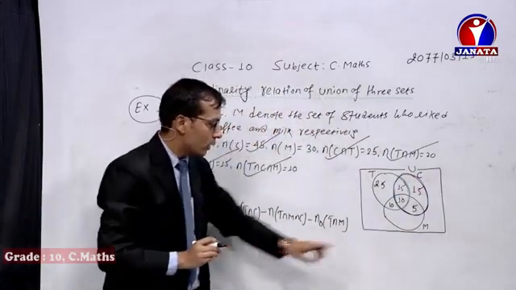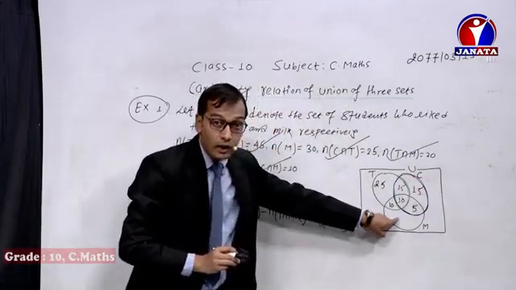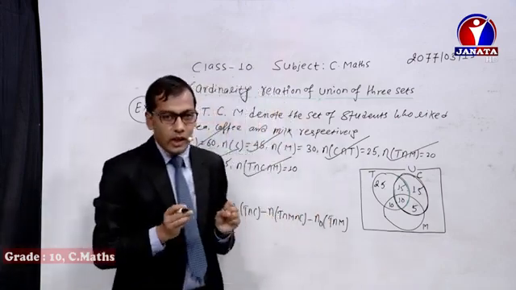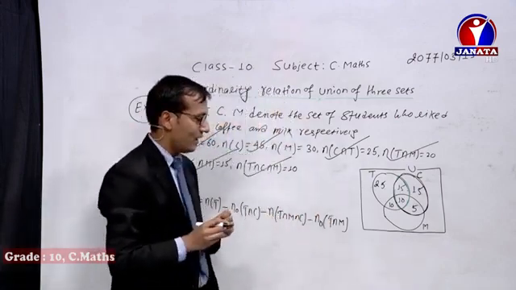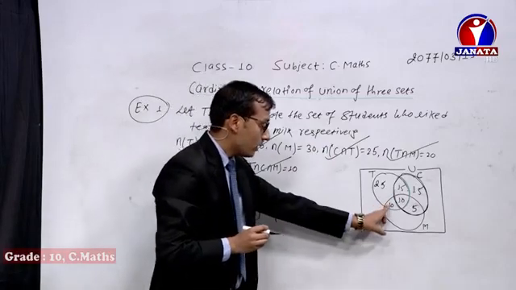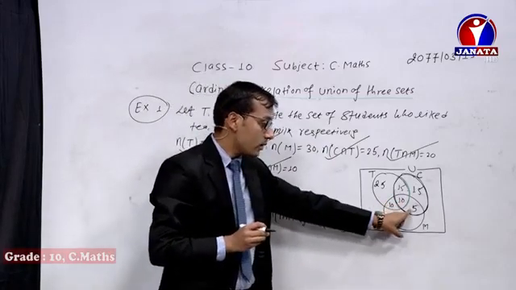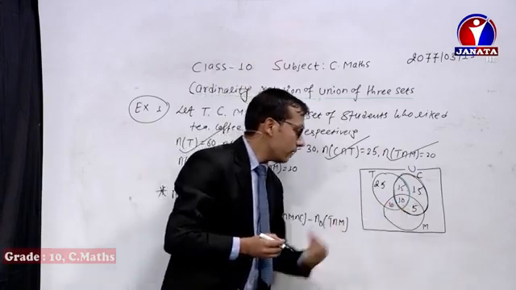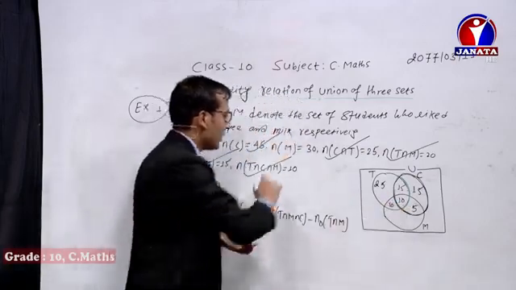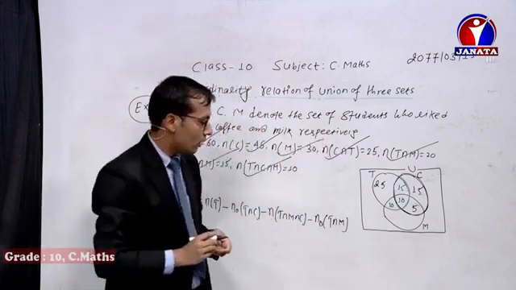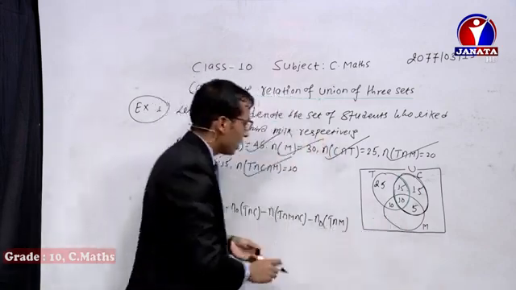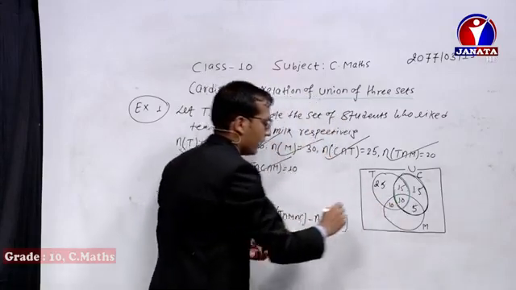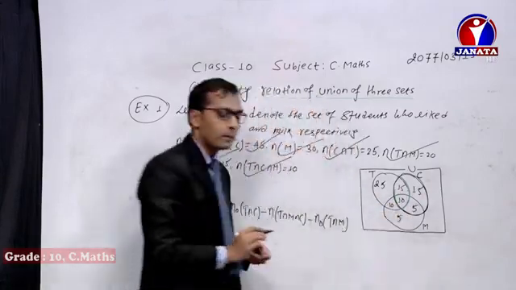Now one is left, n only M. For n only M, what are the numbers which we have inserted in set M? 10 plus 10, 20 plus 5 is 25. So if we deduct 25 from n of M, which is 30, we can obtain the number for n only M. So 30 minus 10 minus 10 minus 5 is 5.